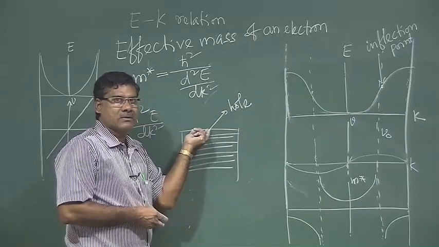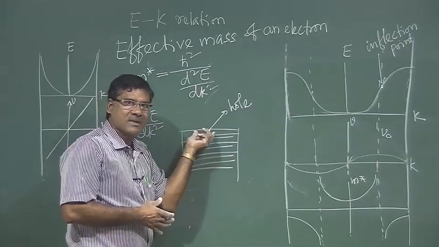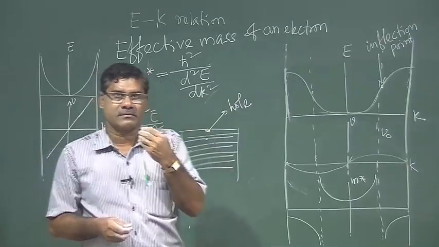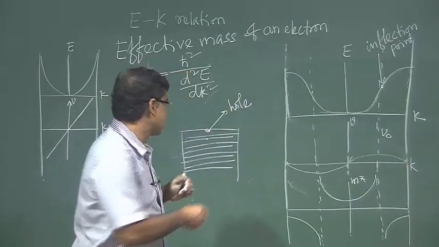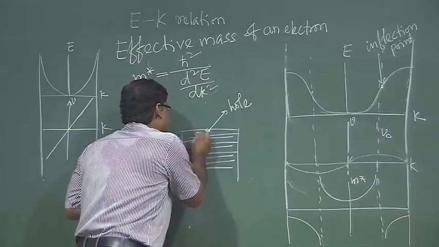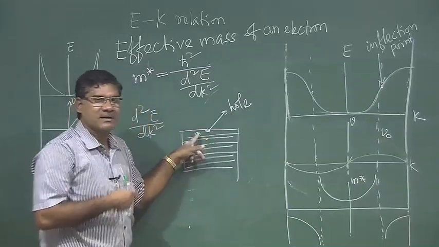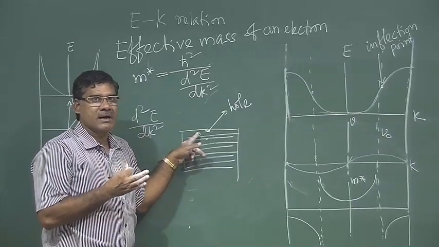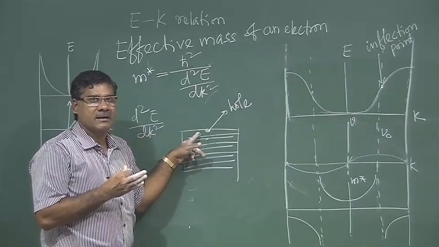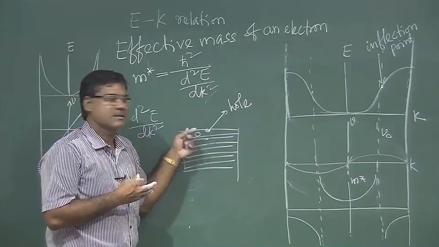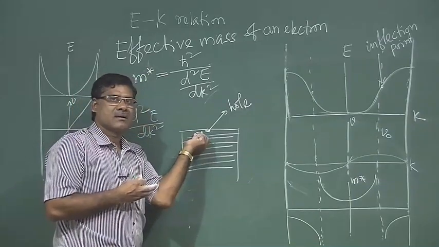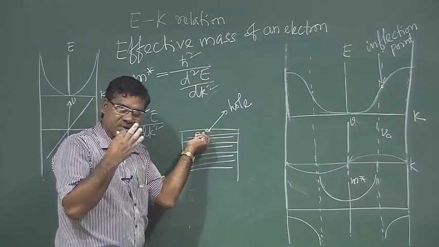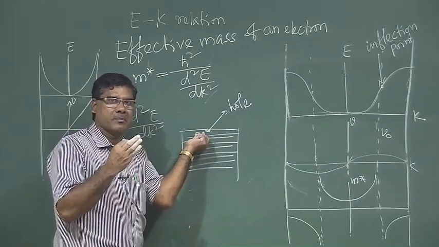Now, the absence of this electron, we can think of it as a vacancy, the absence of an electron having negative charge and negative mass, and we can think of this as positive charge and positive mass.